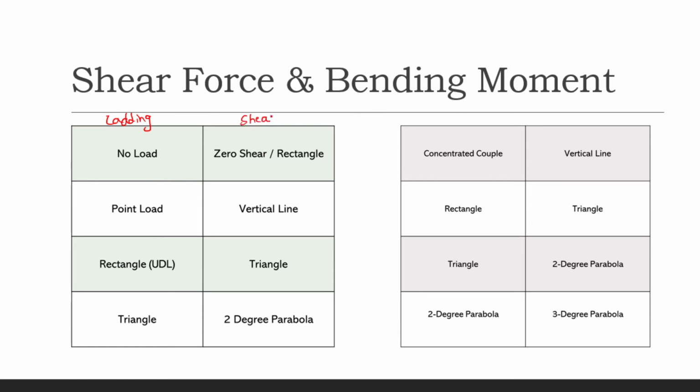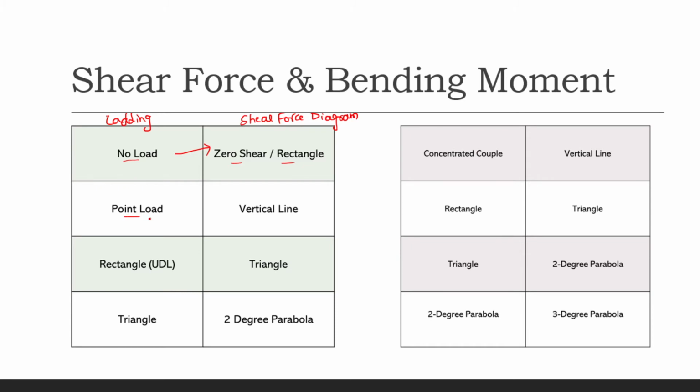How will it look? Suppose you have no load in the given loading condition, that means you should draw a zero shear or a rectangle. I will show you a few examples, then you will understand better.